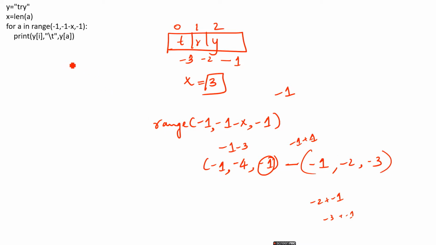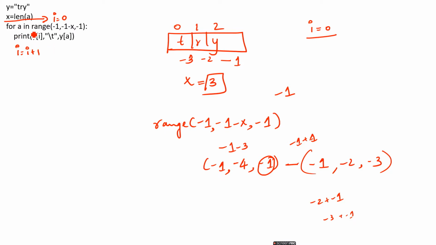Now see here. For a in range, one more line is here. That is i equal to 0 and we are writing i equal to i plus 1 here. So the value of i is 0 in the beginning. Now we are coming inside the loop.